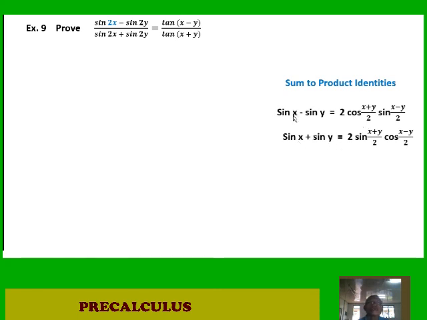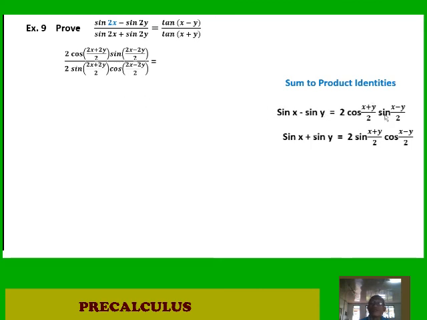Our x here corresponds to 2x. Our y corresponds to 2y. So, using these basic identities, we have here 2, this one 2, cosine of 2x plus 2y, so that cosine of x plus y.